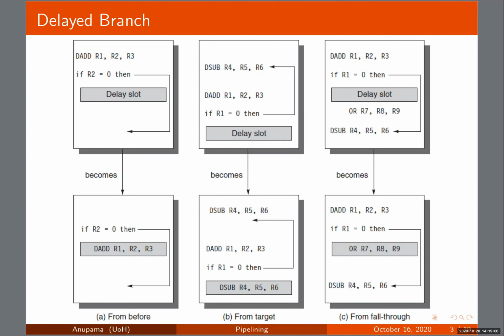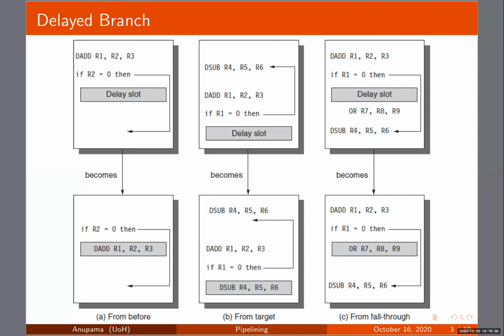Then if your branch is taken, you would have fetched the sequentially next instruction, so that instruction should be converted into a no-op, which is essentially like a stall. Therefore, there is only one slot that is going to be a stall slot.